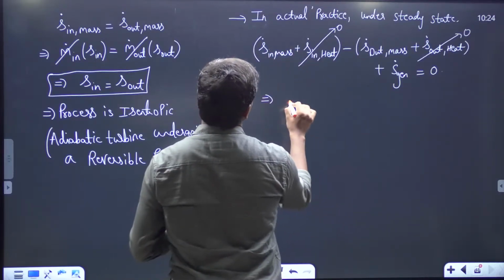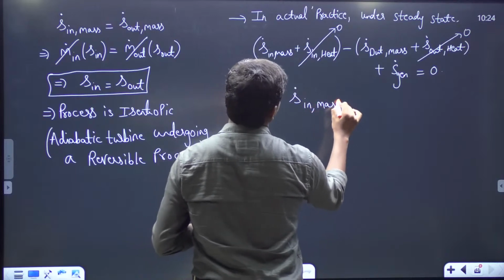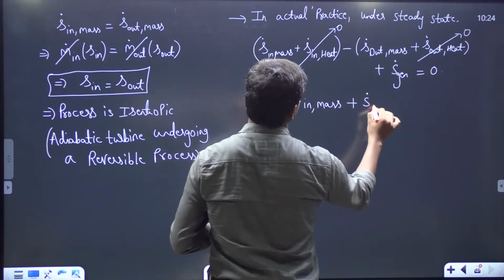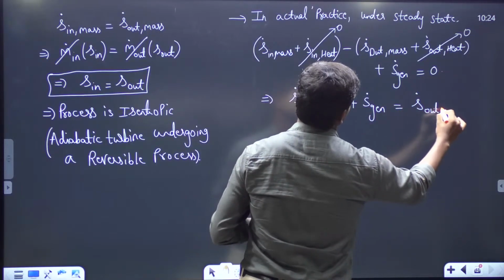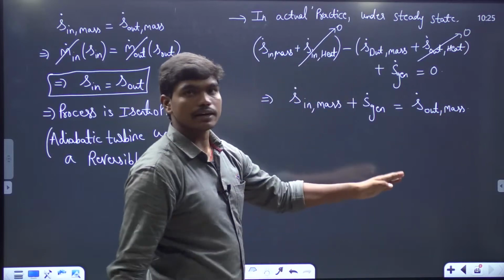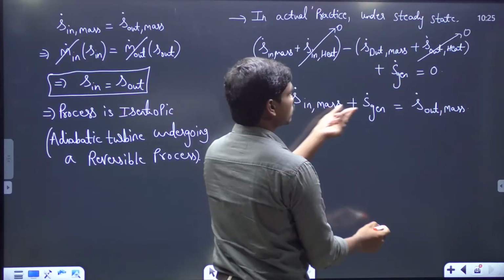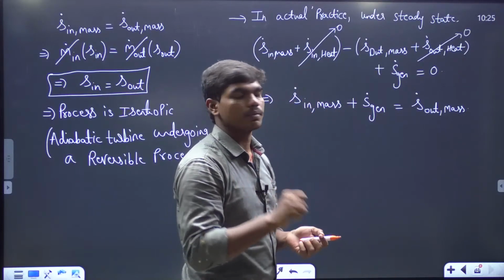So this implies S dot in due to mass plus S dot generation is equal to S dot out due to mass, which means the outlet entropy is a bit more than the inlet entropy because of this S dot generation, in order to maintain the turbine at steady state operation, correct?